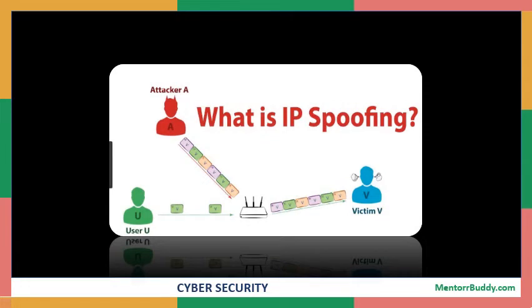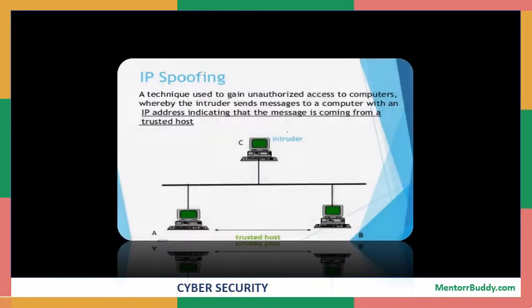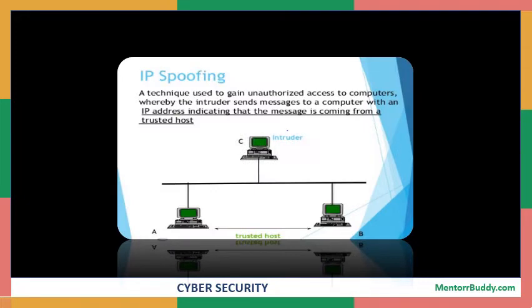So what is IP spoofing? For example, you are a user and we have an attacker working on a router. So how does this IP spoofing work, let's try to understand. The IP spoofing technique is used to gain unauthorized access to computers, whereby the intruder sends a message to a computer with an IP address indicating that the message is coming from a trusted host.